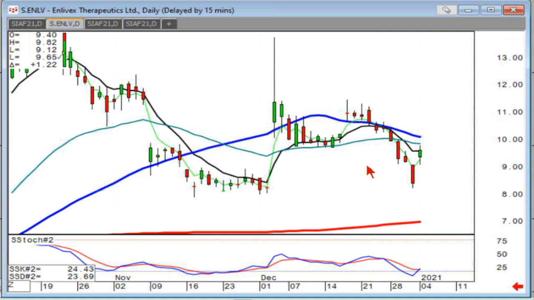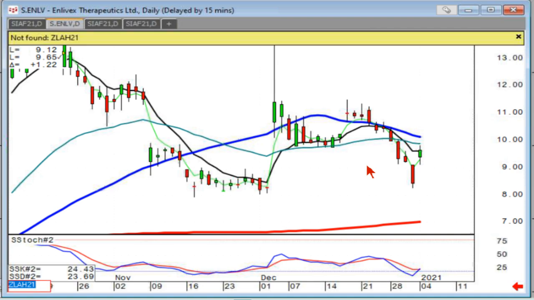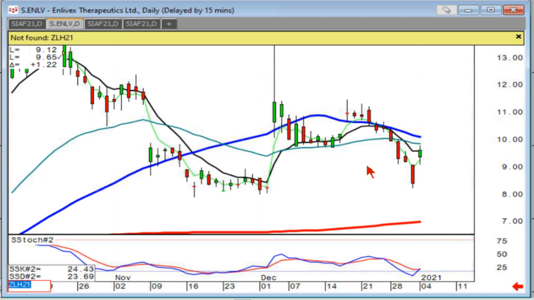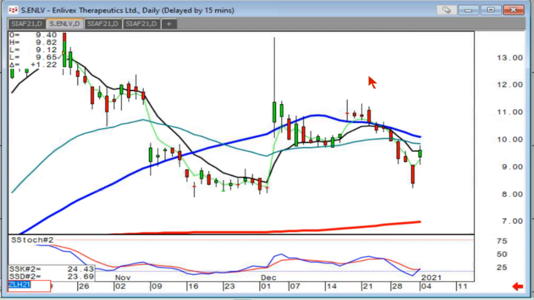There's a ZLAH21. Let's see if that does. ZLH21. No, I'll have to. Yep.